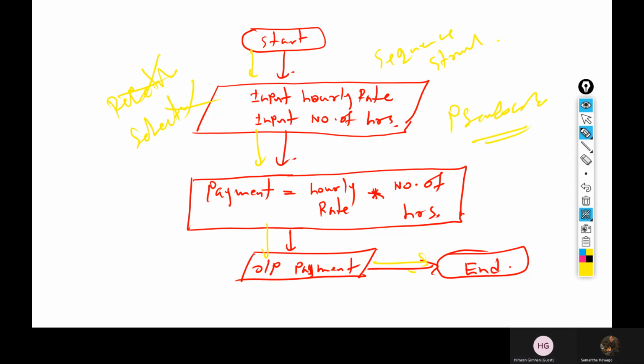Okay, sir. Sir, can I write this as a flowchart? Yeah, you draw it.